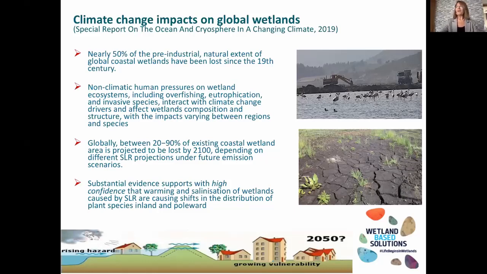Il y a également, le rapport stipule qu'il y a des preuves substantielles qui soutiennent le fait que le réchauffement et la salinisation des zones humides causées par l'élévation du niveau de la mer vont provoquer des changements dans la répartition des espèces végétales vers l'intérieur des terres et vers les pôles.